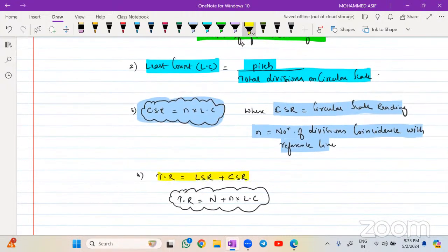Total reading is equal to LSR plus n into your least count, where LSR is the linear scale reading. Got it? This is the basic thing which you all need to remember. Am I clear?